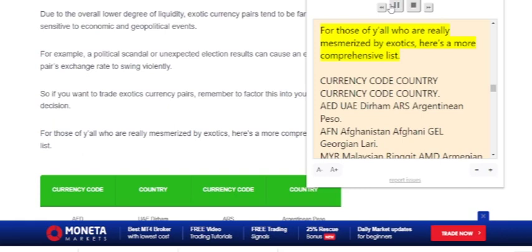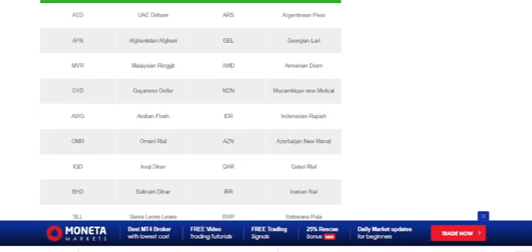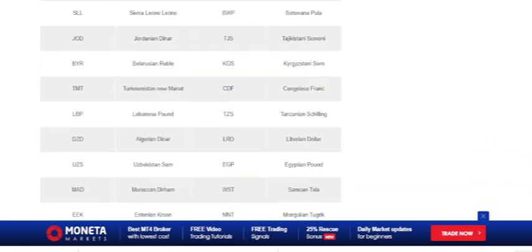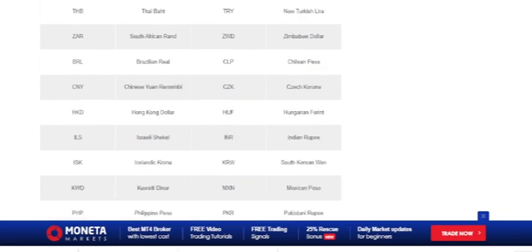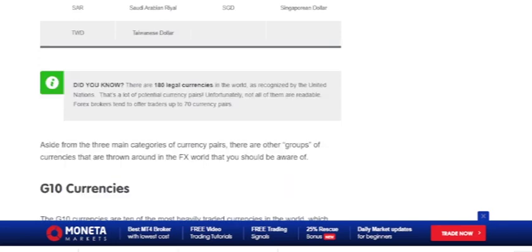For those of y'all who are really mesmerized by exotics, here's a more comprehensive list. So let's take a look at more exotic pairs. You see very many exotic currencies. If you want to trade exotic currencies, these are the currencies that you are going to deal with, but I wouldn't advise you to do so, because I don't do that.